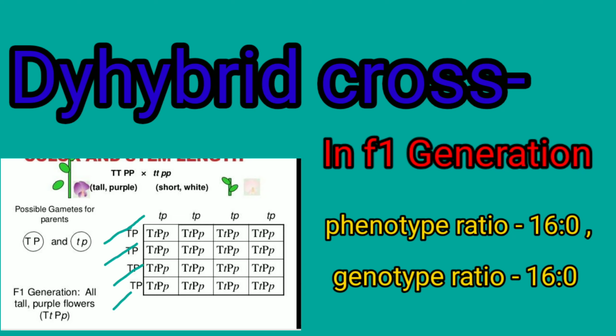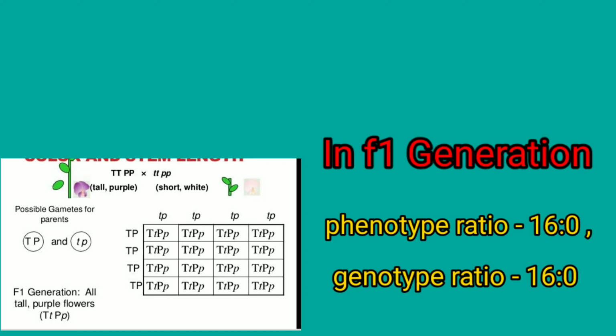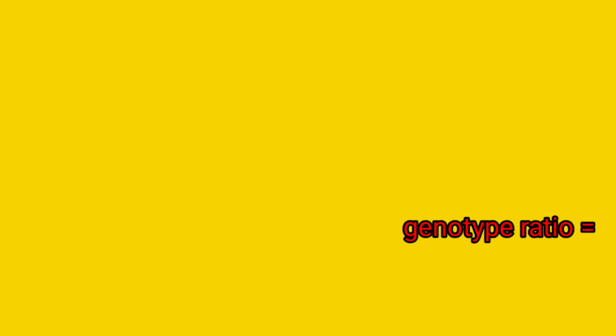The other plant produces small t small p gametes, and all four gametes would also be of the same type. If we put it in a Punnett square to find the ratio in the F1 generation, we get the ratio of 16:0. It means in the F1 generation all are tall plants having purple flowers.